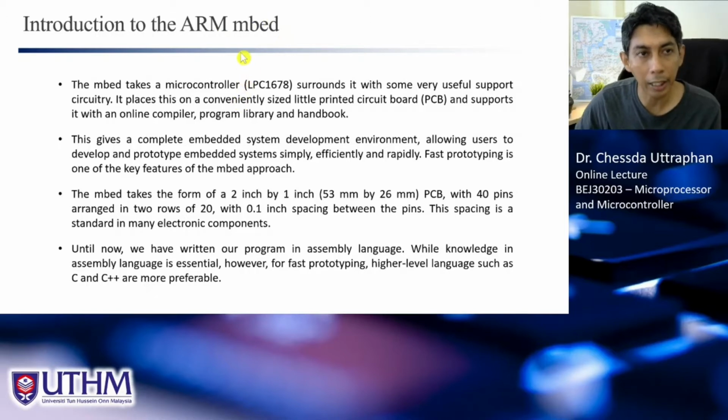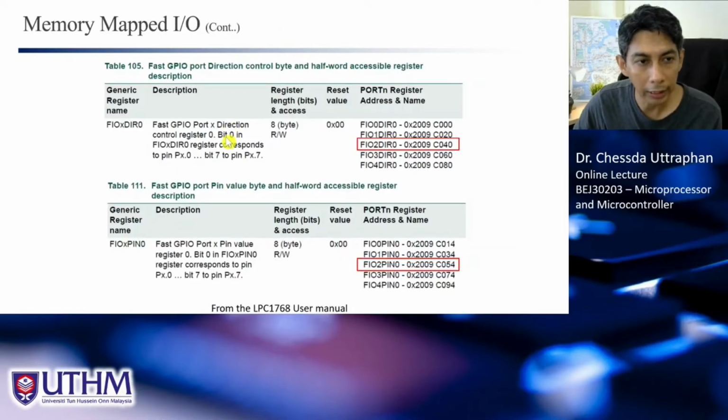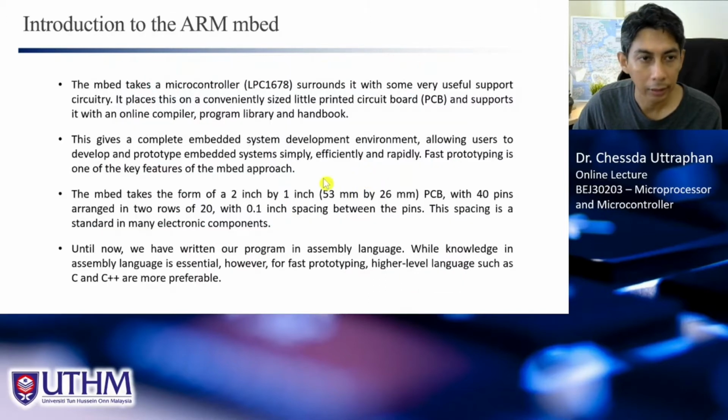Meaning that when we use mbed, we don't need to know this, right? We can straight away use the available library to define where is our input, where is our output, without knowing the actual memory location of the port or the pin.